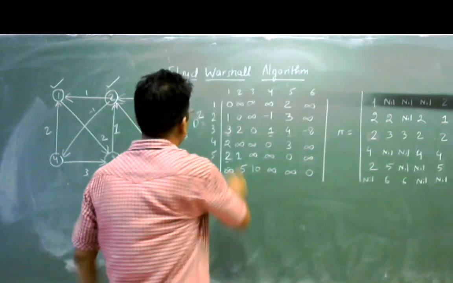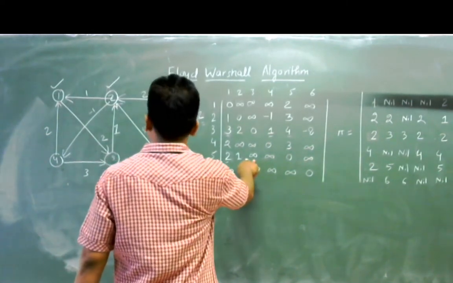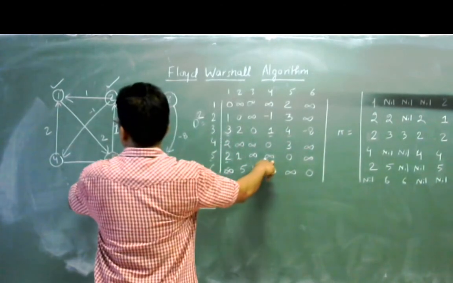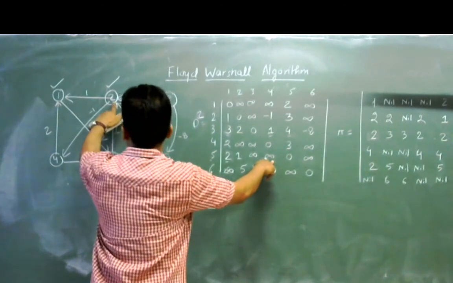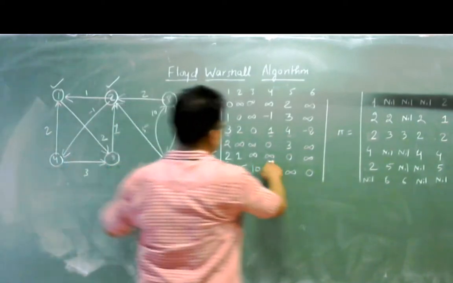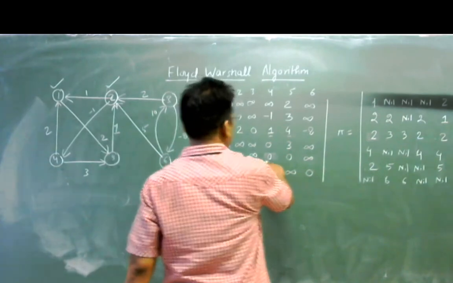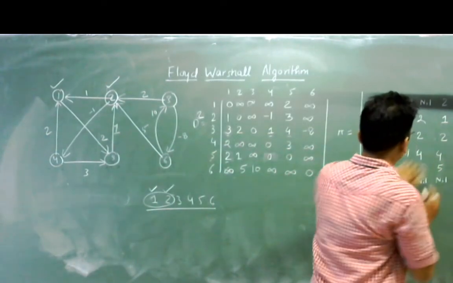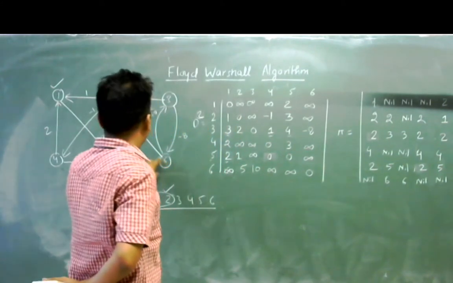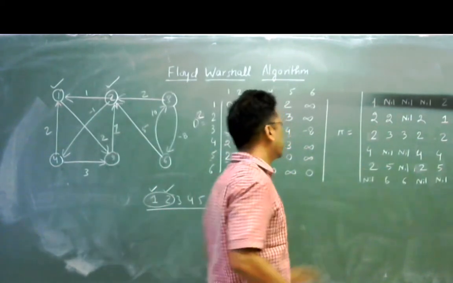So now 5 to 3 there was no path, and still there is no path, and 5 to 4, there's a path 1 and minus 1, that is equals to 0 distance, and this will become, for infinity it is D2, right? Now after this, through node number 5 to node number 6 is not accessible, it will remain infinity.